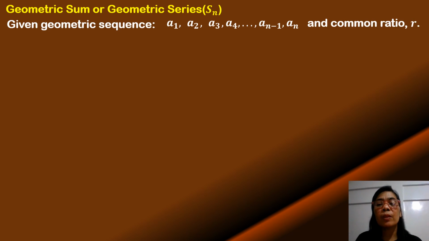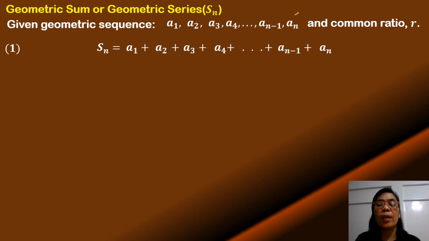The sum of these terms in the geometric sequence, let us denote that as equation 1, will now be equal to a sub 1 plus a sub 2 plus a sub 3, and so on up to a sub n. Since we have already derived a formula where we can express each of these terms in terms of a sub 1 and r, we can substitute the values of the terms.